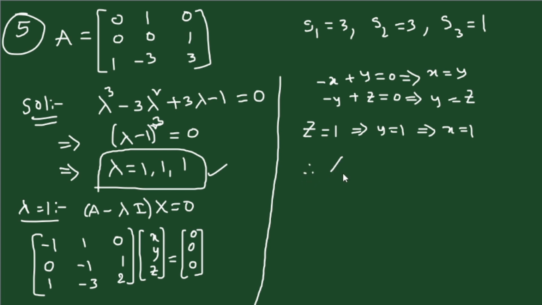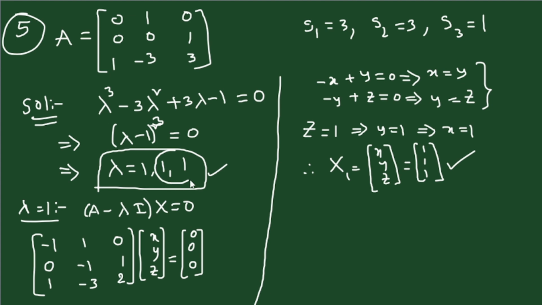Therefore, the eigenvector x, y, z is 1, 1, 1. So this is the eigenvector we have got for lambda equal to 1. But what about the remaining two eigenvectors? It is not possible here, right? We have got only these relations and one eigenvector.